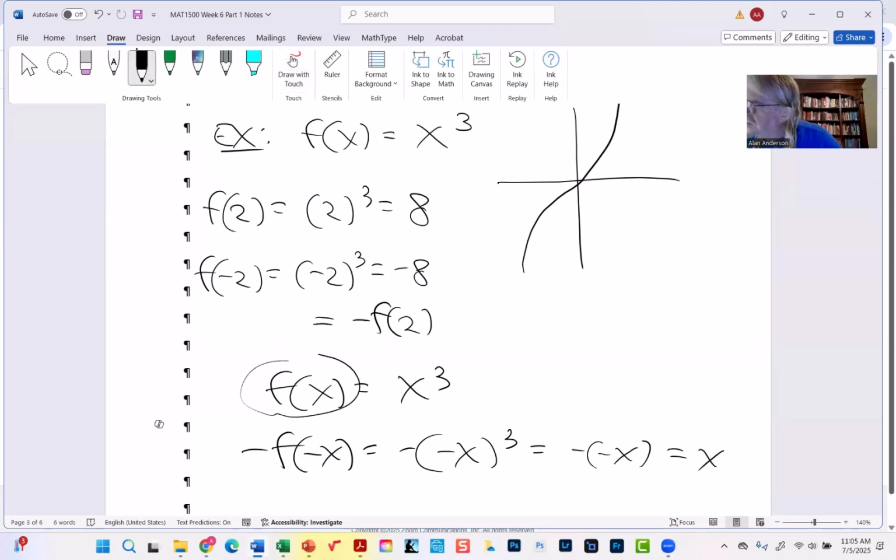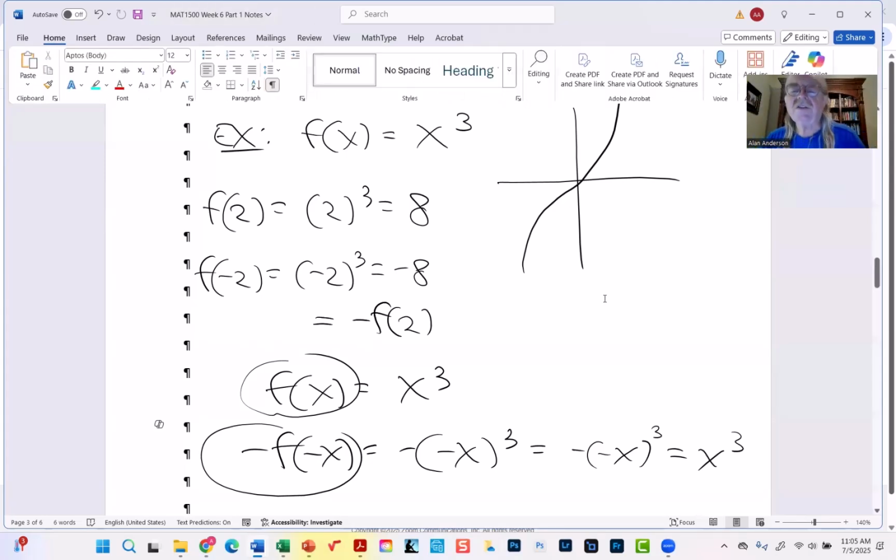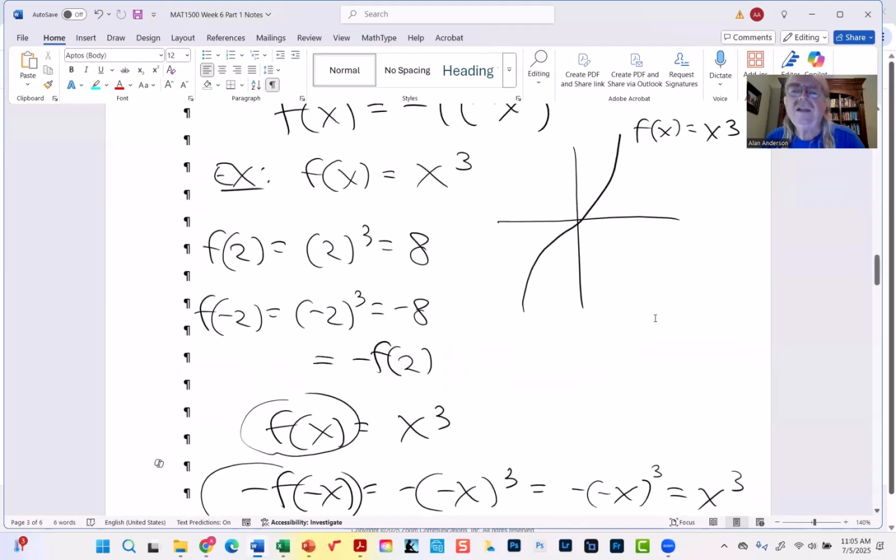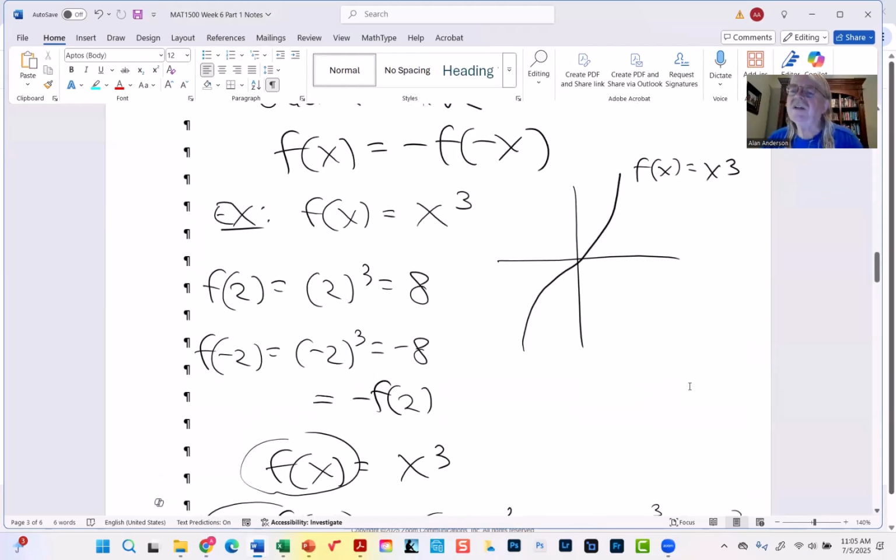So in other words, these are equal to each other. So it's true for all x's, and so we conclude that y equals x cubed is an odd function. And here, the symmetry is with respect to the origin. In other words, the curve is the same on either side of the origin.